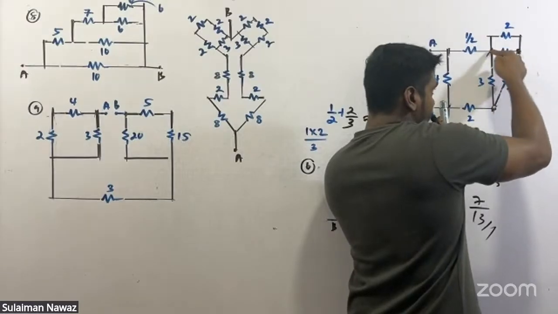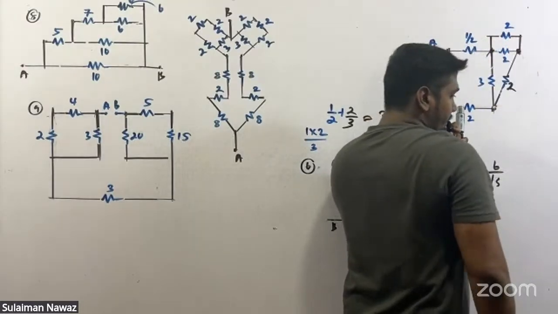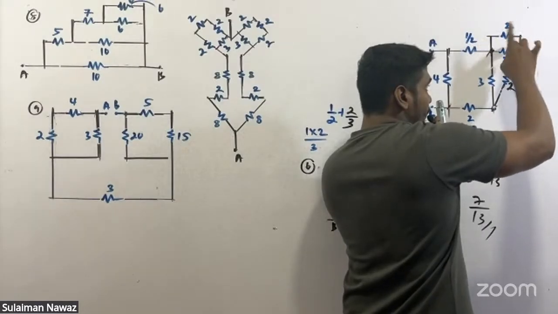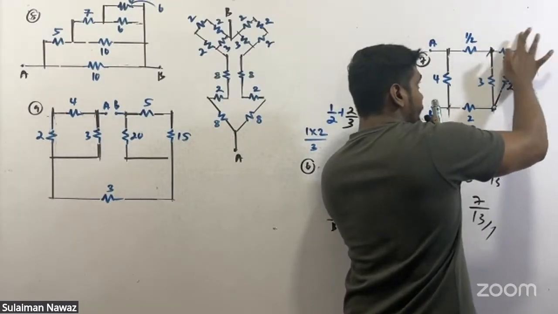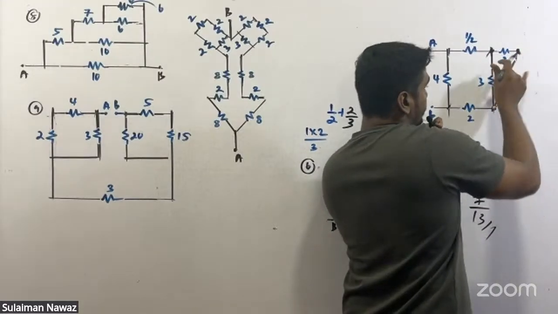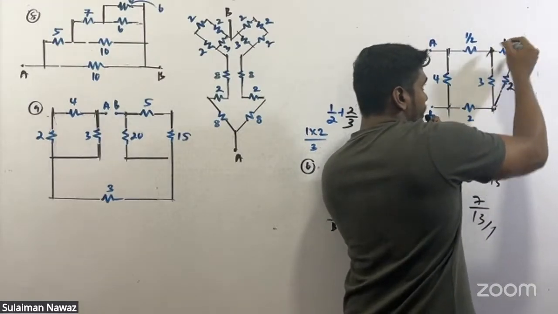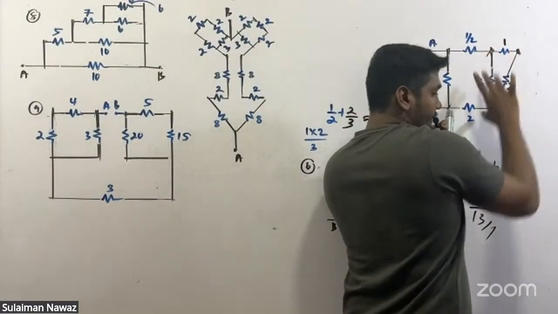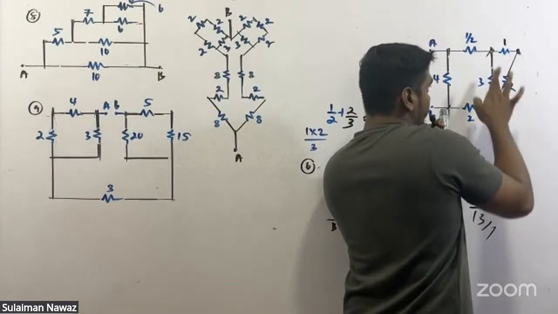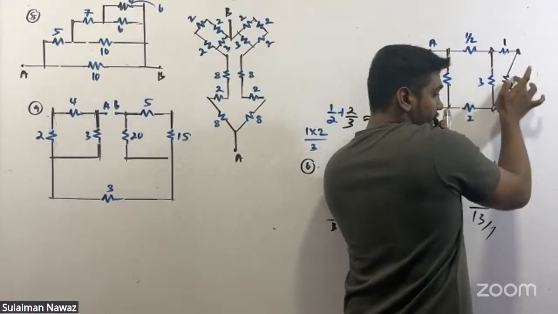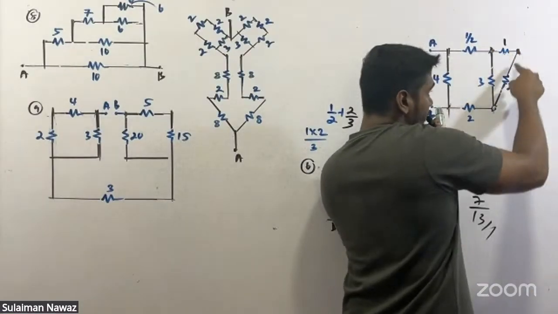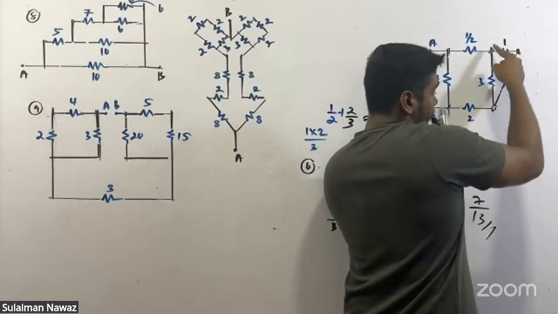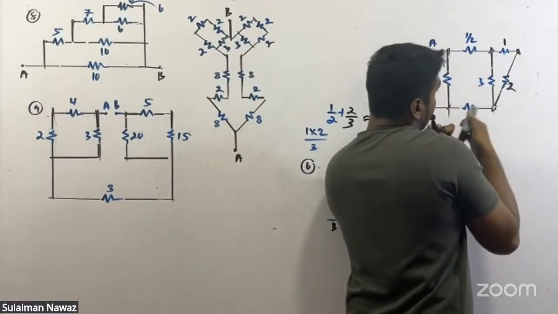There are 2 resistors, 2 ohms and 2 ohms. They are in parallel. What is the equivalent of these two? 1 ohm. Now, between these 2 points, these two are in series. 1 plus 2, 3.